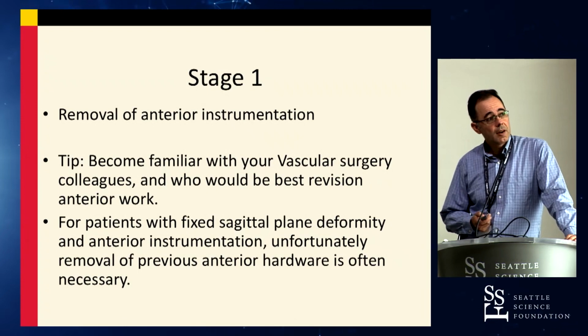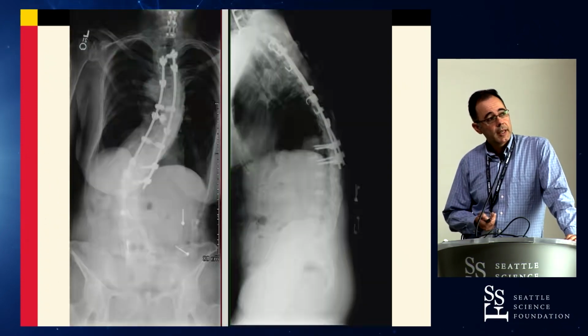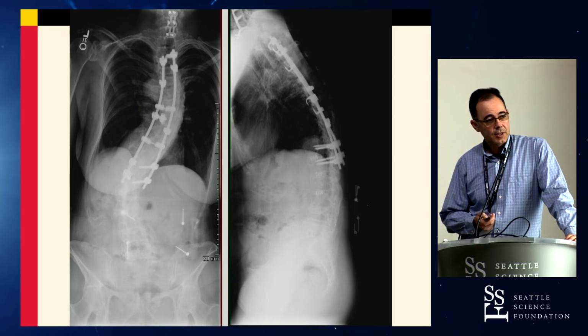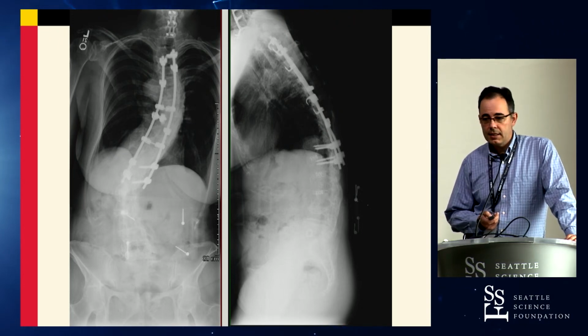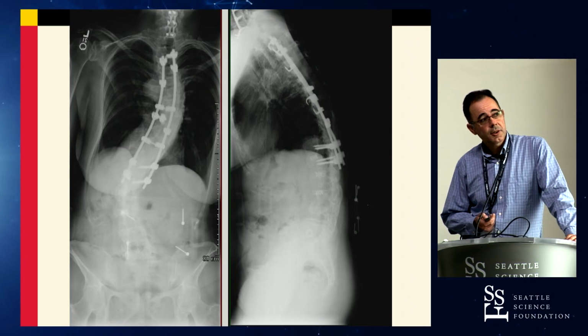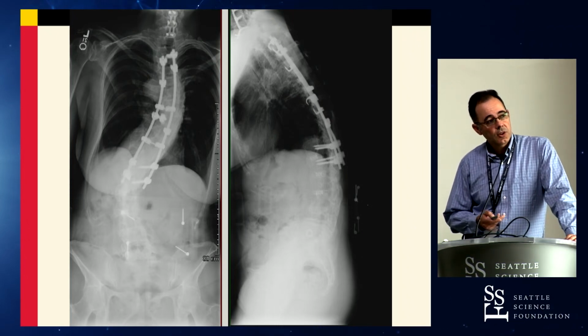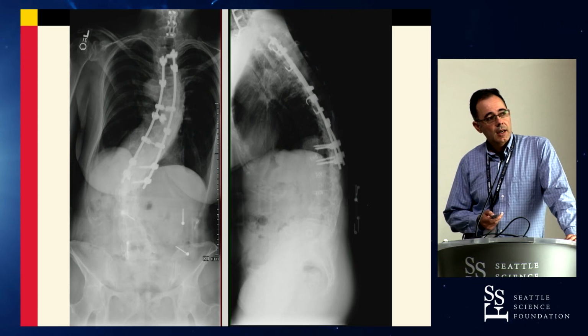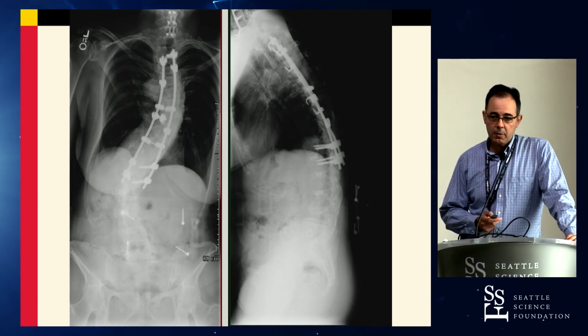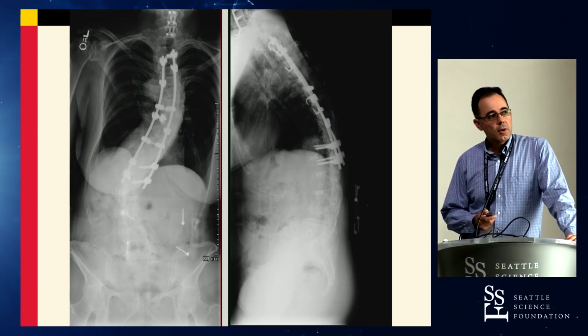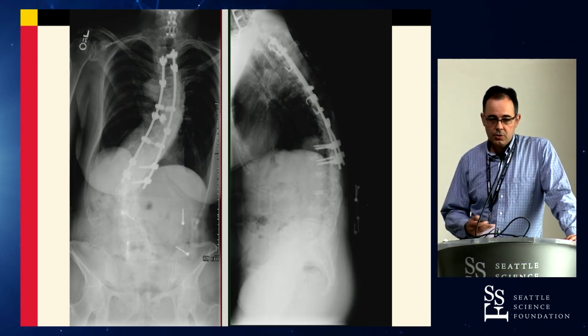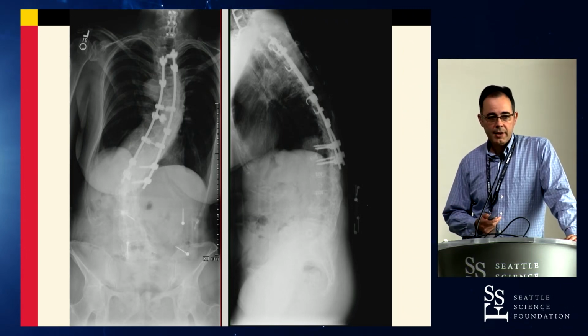So for this patient, that was step one. Now we're sort of starting from scratch, so this patient no longer has that anterior instrumentation, still has a pretty profound positive sagittal balance, has a fixed sagittal plane deformity. So this is one of those patients who needs a large amount of correction.